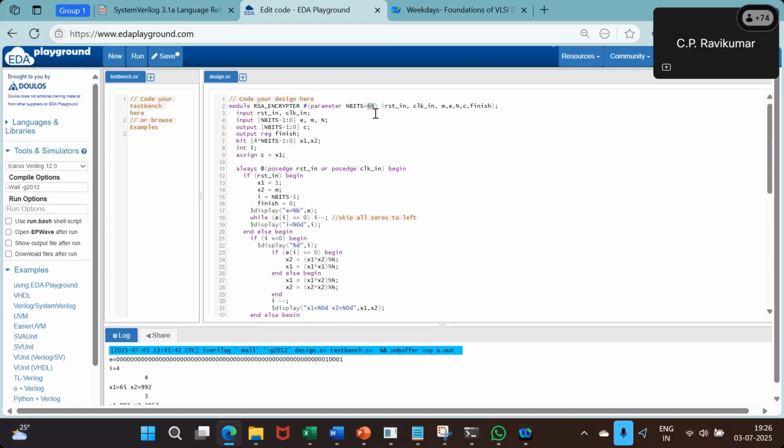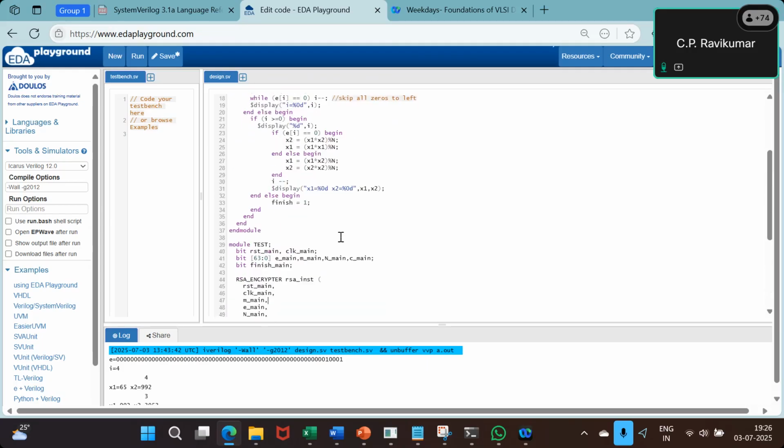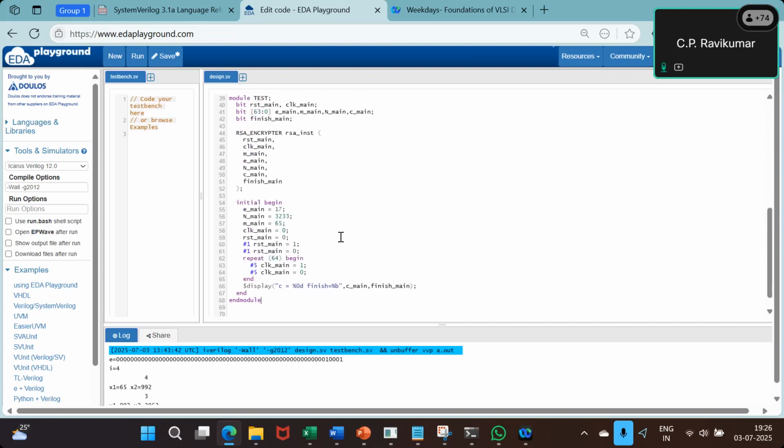Even if I make it 128, it will work. Suppose I make this 128. Then also it should work.